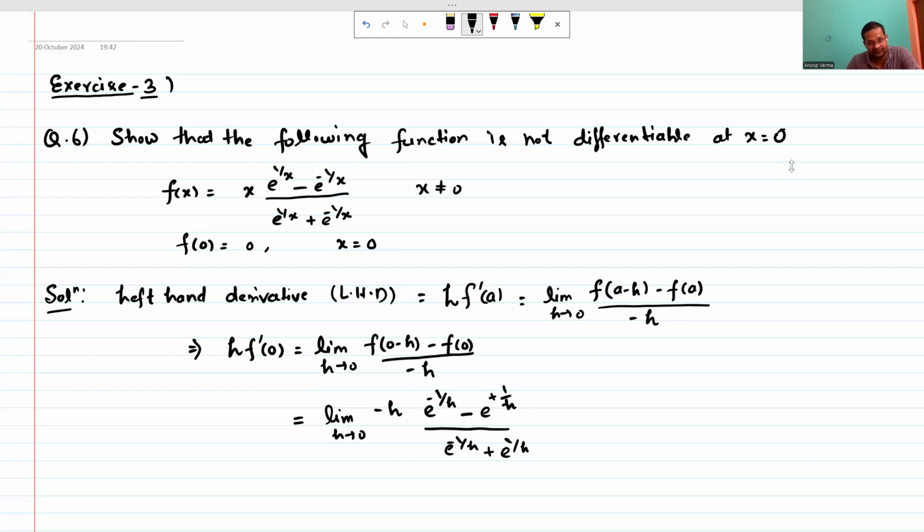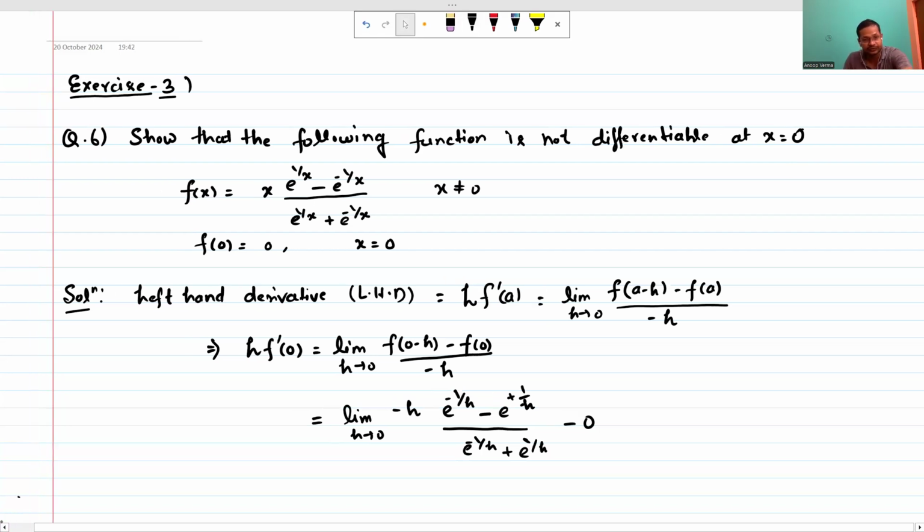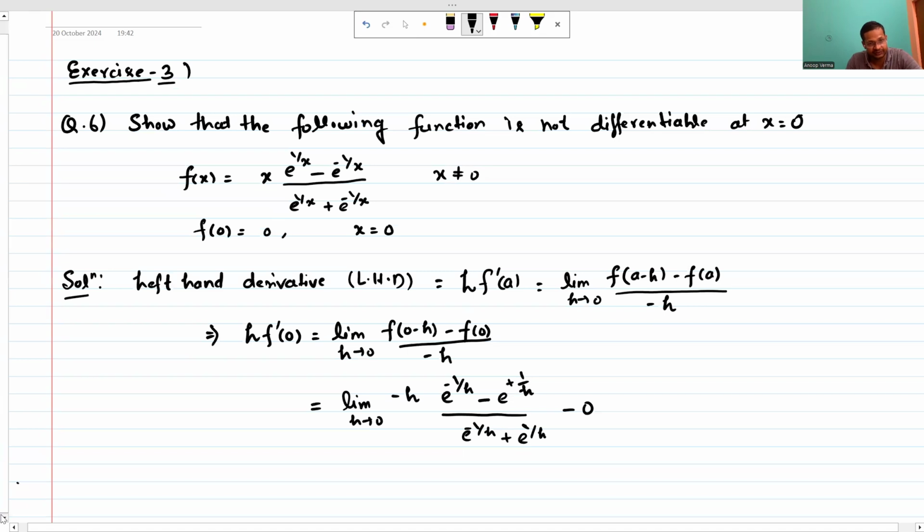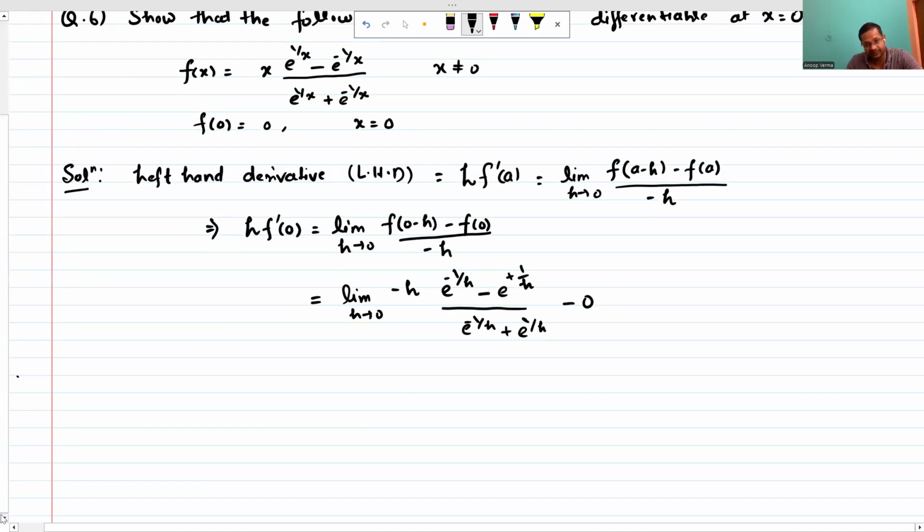And f0 की वैल्यू 0 है, तो इट इज -0, and this is divided by minus of h. Okay.